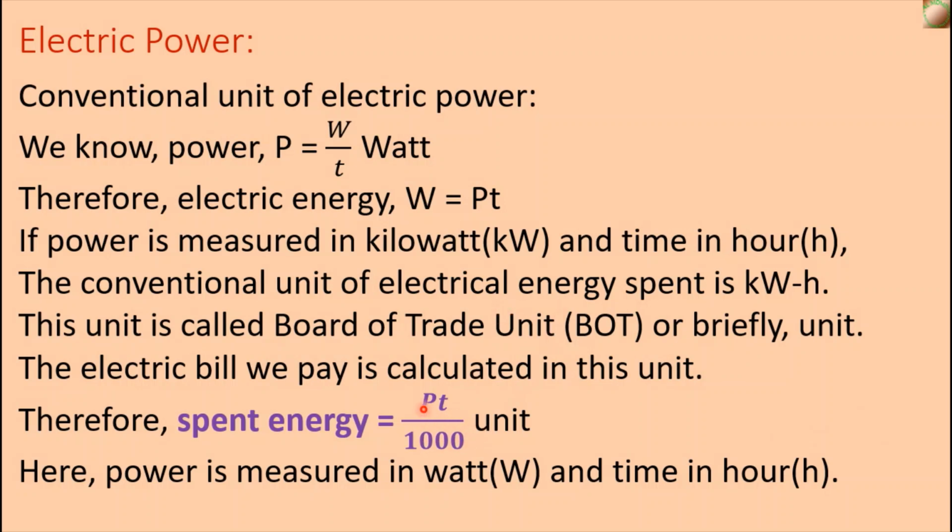If we divide this power by 1000, then the unit will be kilowatt, and time is measured in hour. Therefore, it will be kilowatt hour. P divided by 1000, that is watt divided by 1000, will be kilowatt, and hour is the unit of time. Therefore, spent energy is kilowatt hour or unit.